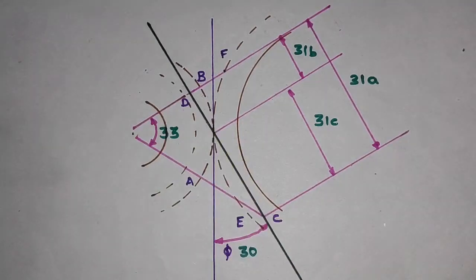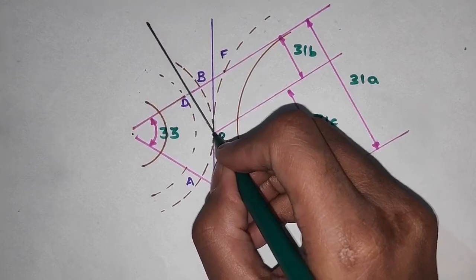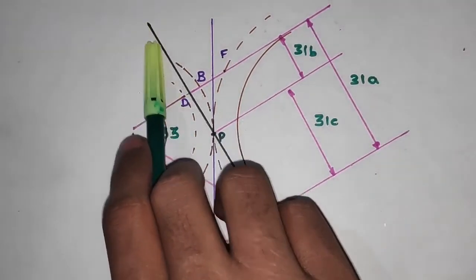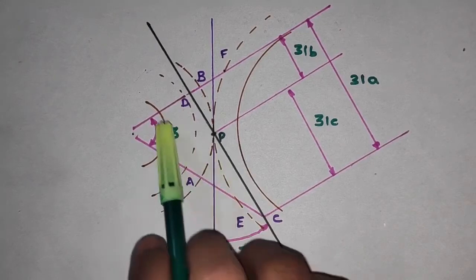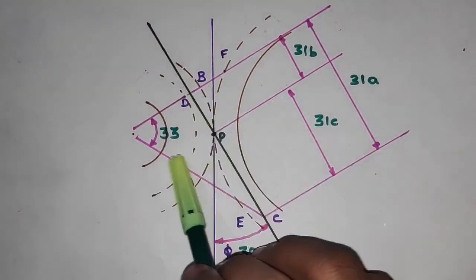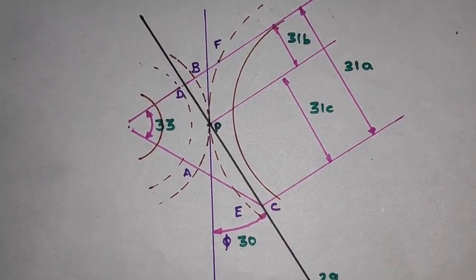They both intersect at this point P. Now from here we draw a black line which passes through the point P, the intersection of both pitch circles. This line is known as the line of action, or it is also called the pressure line.